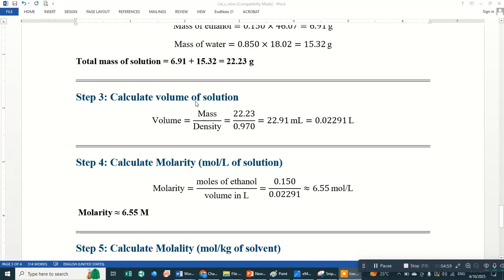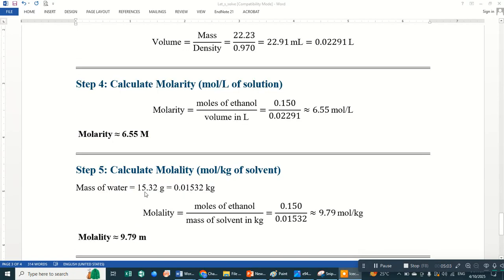We have already calculated this mass of water, and the number of moles of ethanol is already given. So first change the mass of water into kg and divide the number of moles by the mass of solvent in kg. The answer is 9.79 mole per kg.